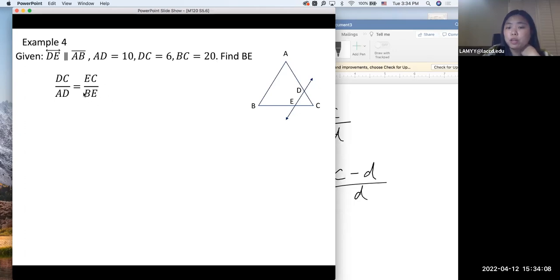BE is what we're looking for. So EC will be BC, the whole line, subtract BE. You guys get this? EC equal to BC minus BE.